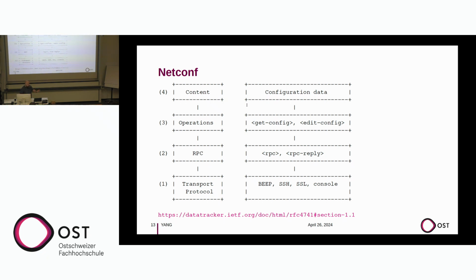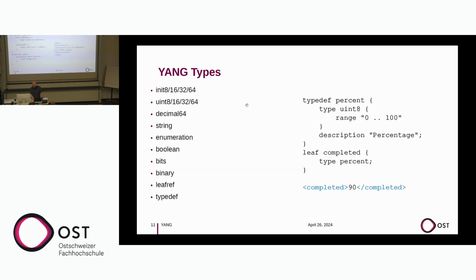We can lock the device, we can unlock the device of course, we can use the candidate store. All this stuff is in the protocol with RPCs. So we will see next week what kind of RPCs we have and how we can deal with them.